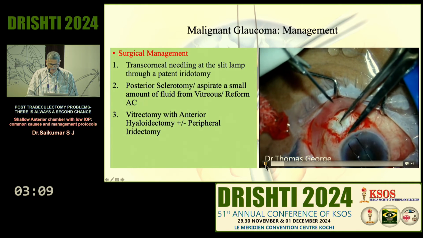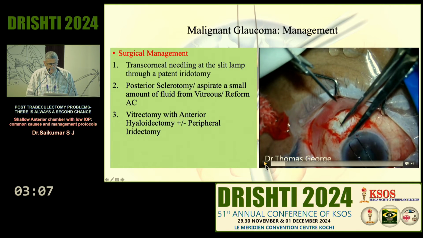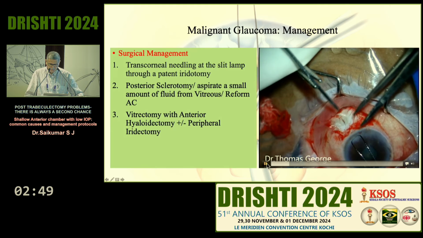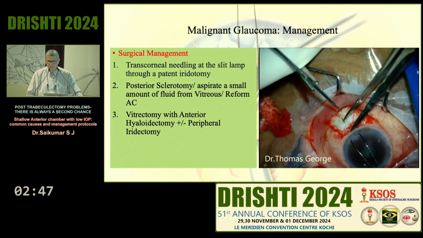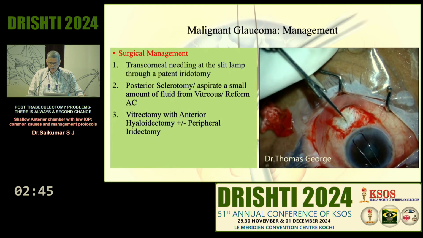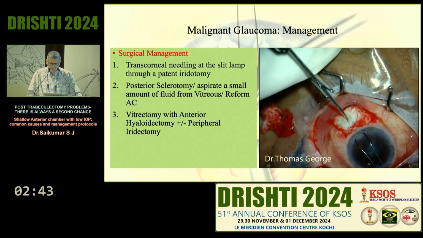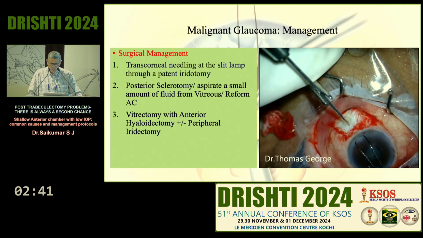So this is his technique, where you do a Chandler's technique, which is the 3-step procedure. First you check for the pupillary block and make sure it is patent, and then you do a posterior sclerotomy to look for a mild choroidal, and if both are not there, then just go into the vitreous cavity and let out some fluid.